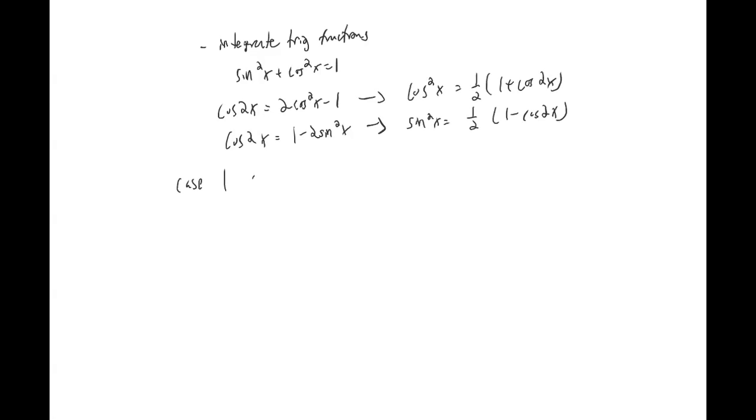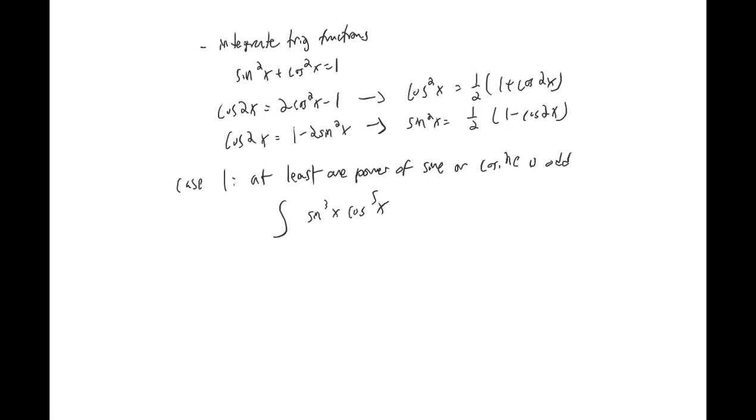Case 1, at least 1 power of sine or cosine is odd. So you just need one of them to be odd. The other one could be anything really. Now let's do the case where it's sine cubed x cosine to the 5th x.